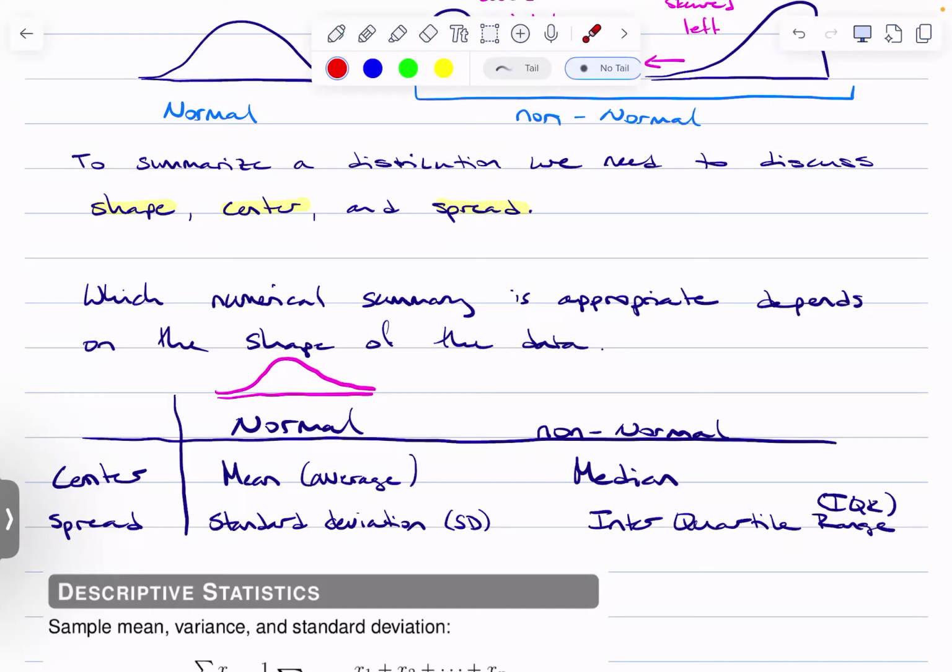This little tidbit is snagged from last week: which numerical summary is appropriate depends on the shape of the data. So we split it into a normal distribution, a special case, but frequently occurring. It's partly why we call it a normal distribution, because it's really common, kind of as the name implies.